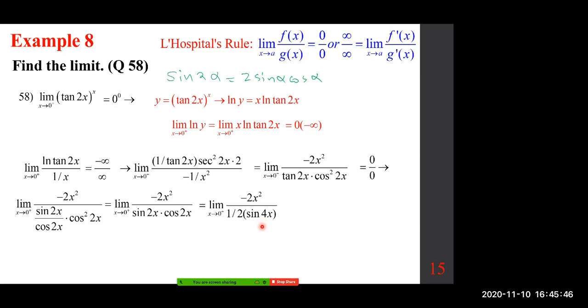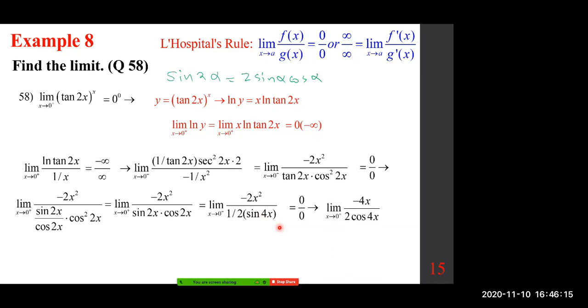And now we plug in, the top becomes 0, sine is 0, so 0 over 0 requires L'Hopital's rule again. The top gives you minus 4x. The bottom gives you 1/2 times sine gives you cosine. And then 4x gives you 4. That 1/2 and 4, they give us 2.